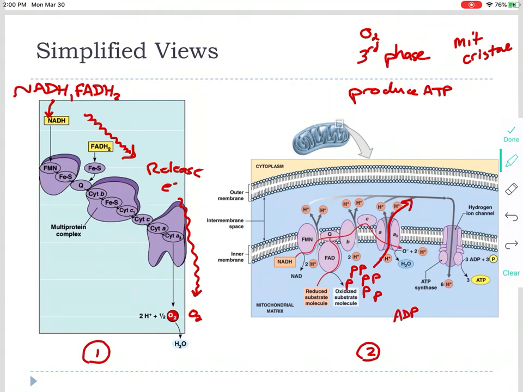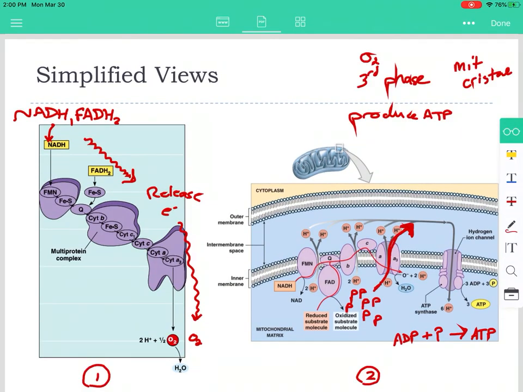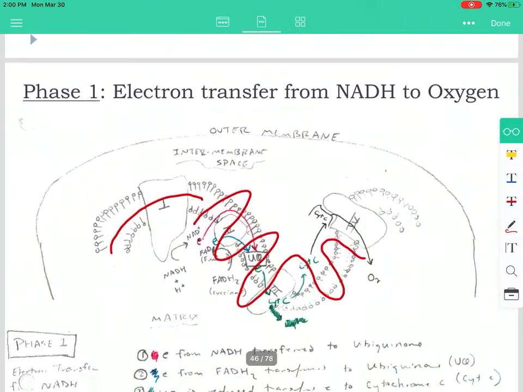That gradient is the last energy push to take what we had up to this point, adenosine diphosphate, and we add our third phosphate. And that is this movement right here. This movement is the energy to add that last phosphate, which yields ATP.